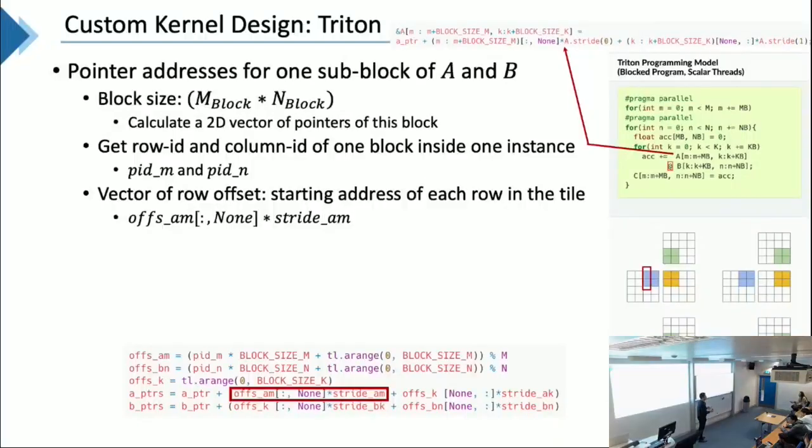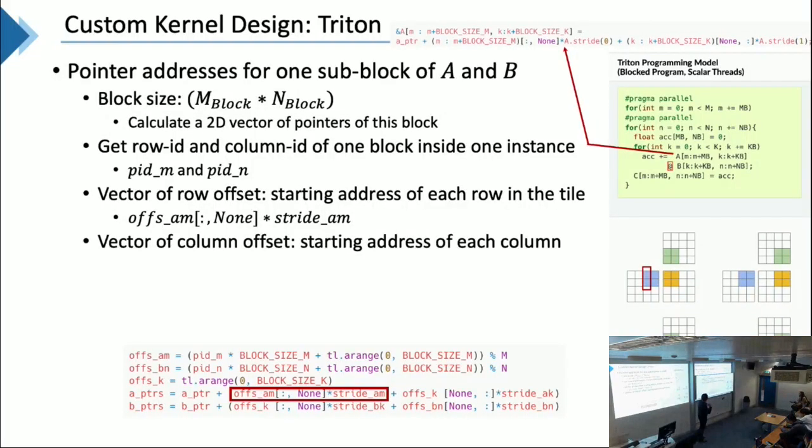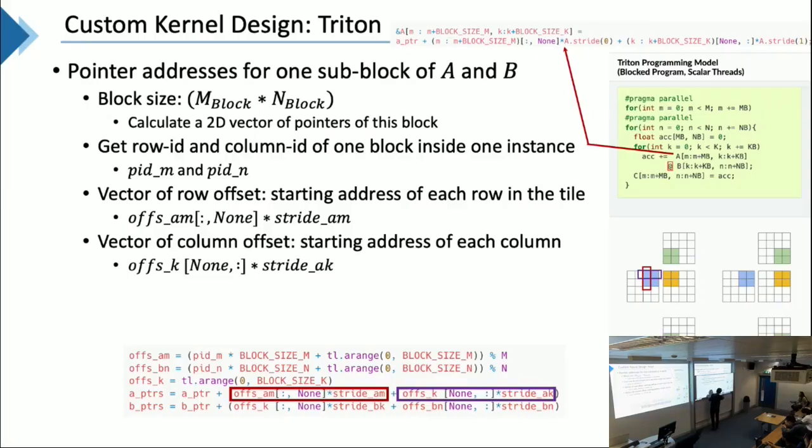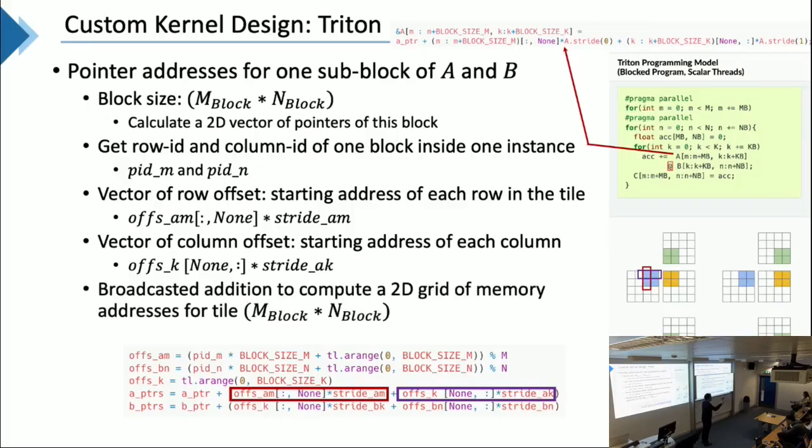And we can do the same for the vector of columns. This is the purple line. So we do the same, and we get the vector of starting column addresses. And we do this, as I mentioned before, as a broadcast addition, and we get m times n pointers. This is a 2D pointer. And we add them together, and this is the address we want to access in the matrix A.